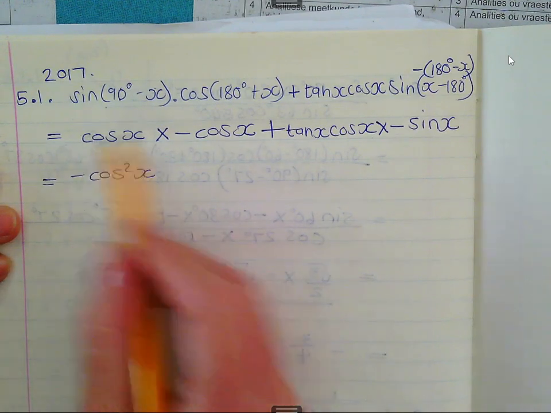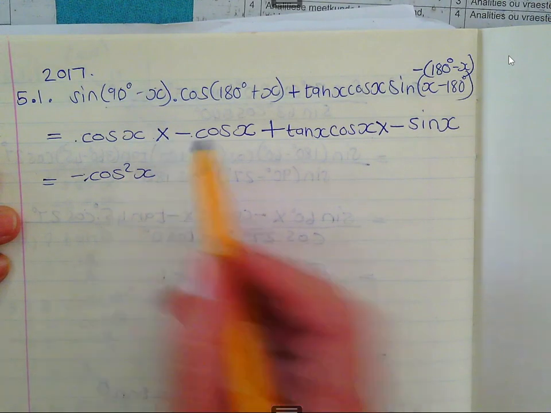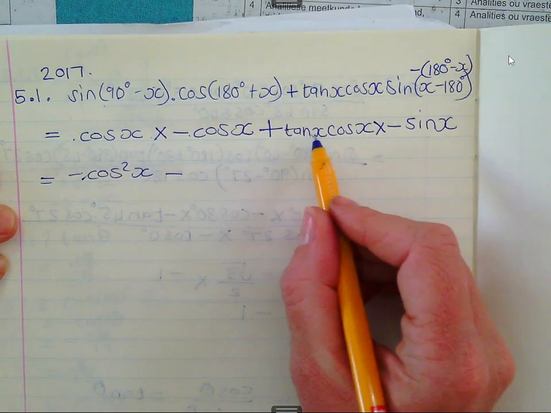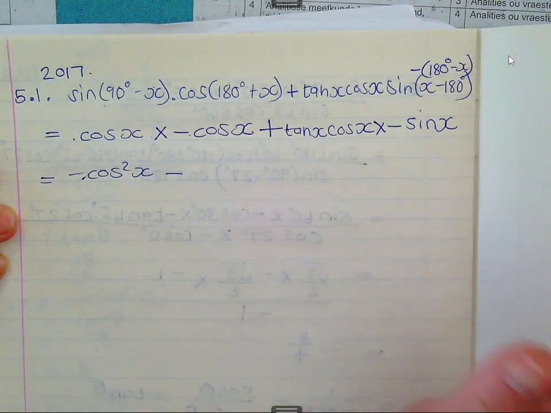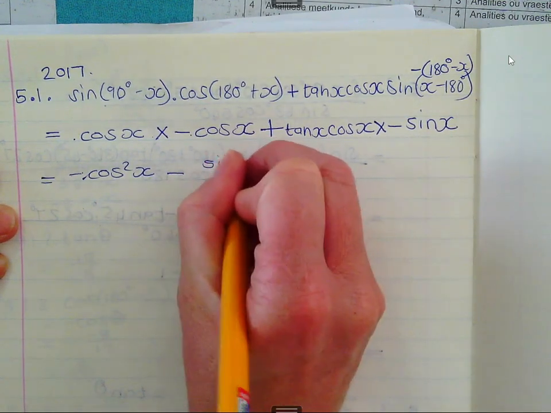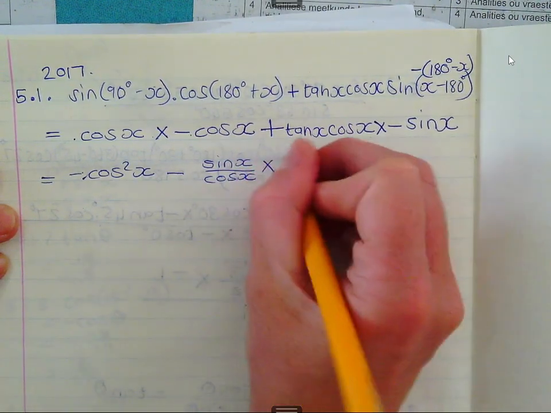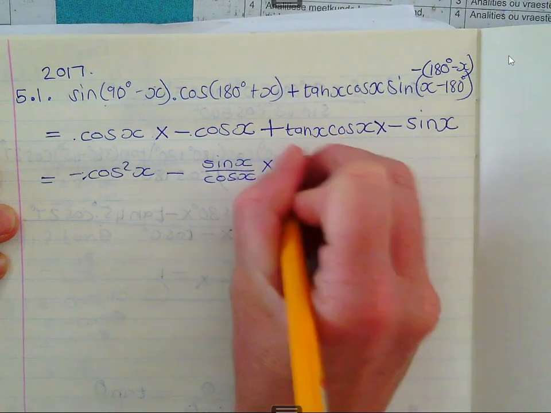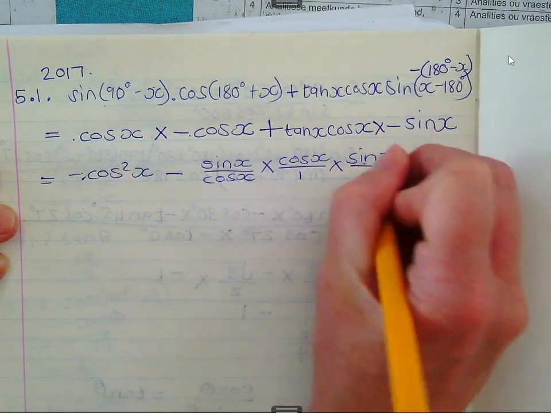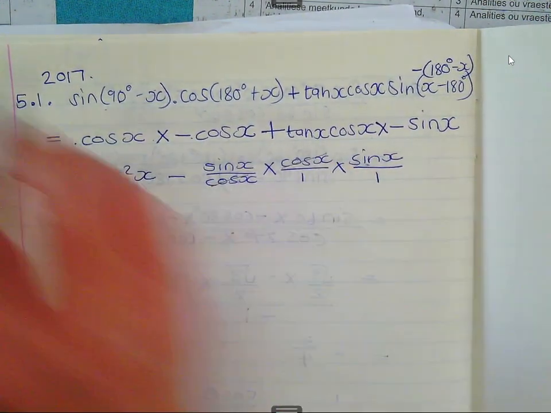Here I've got a positive times a negative, which becomes negative cos squared x. Here I've got a positive times a negative, so it's minus, and then these three are not the same, they can just stick together, no? But is it okay if I write tan as sin x over cos x? And then all of the others I'm also going to write as fractions, cos x over 1 times sin x over 1. Now this cos and this cos can cancel out.